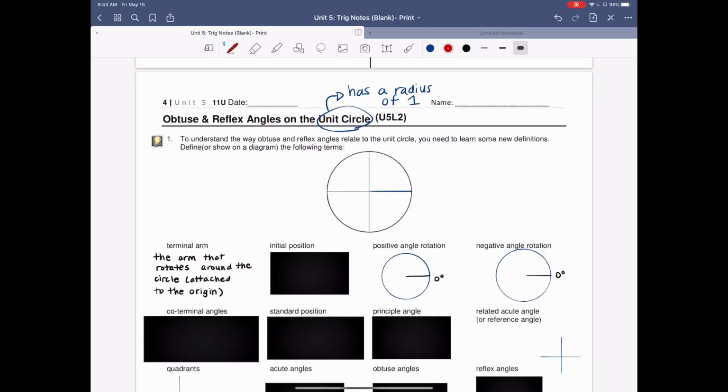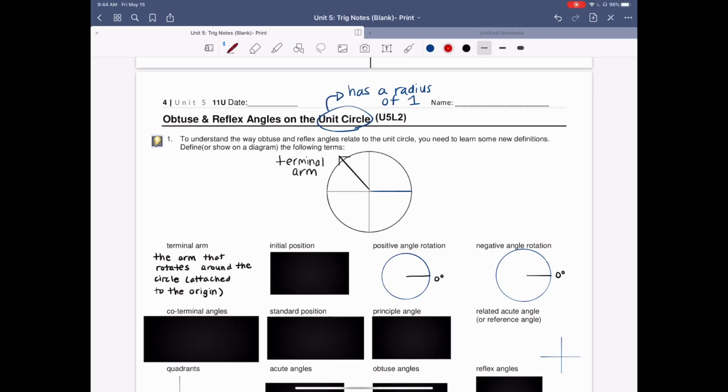Instead of reading from the north part, which would be here, you would actually start from here. That is our point of reference, or the initial position. Let's say I have an angle anywhere on this unit circle, and I'll put it here for now. It's called my terminal arm.